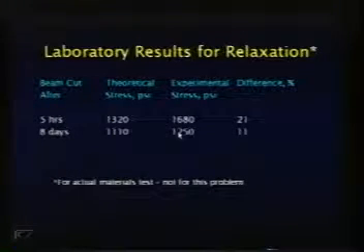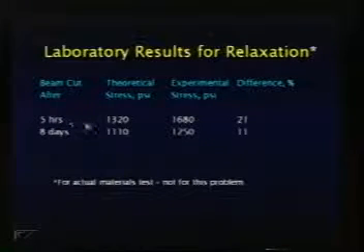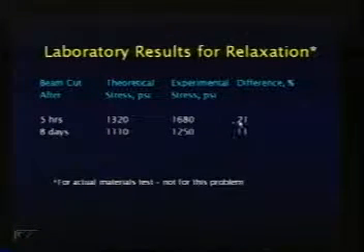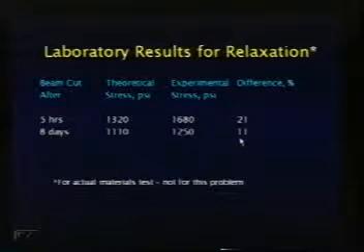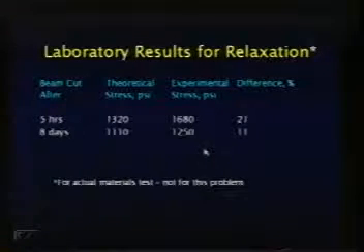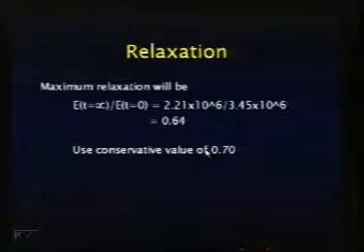We compared that with some of the experimental data we had. We found that it gave us pretty good results. In 5 hours, we had about a 21% difference. For 8 days, only about 11% difference. So we felt that particular equation gave a pretty good prediction for relaxation. So what we decided to do then was look at the extreme case.